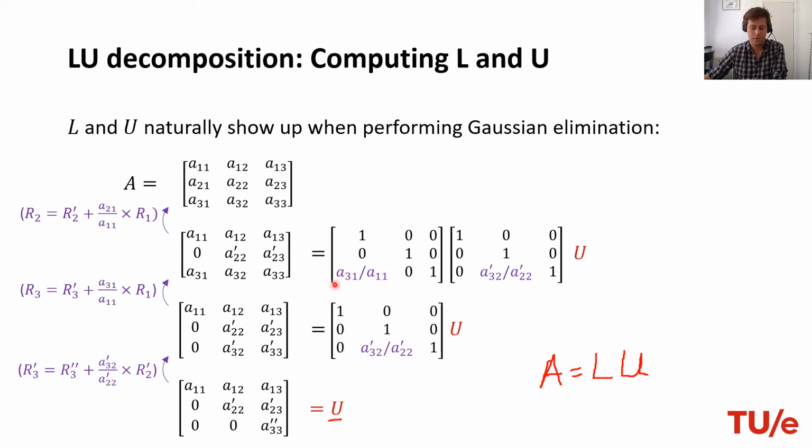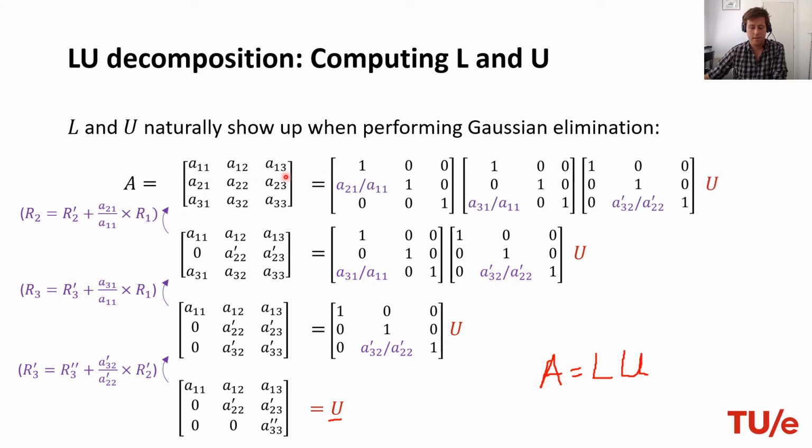And finally, we do this one more time, and we see that in order to add to the second row the first row multiplied with this ratio of coefficients, we just have to multiply on the left with this matrix over here.